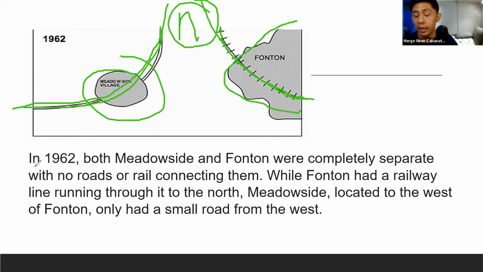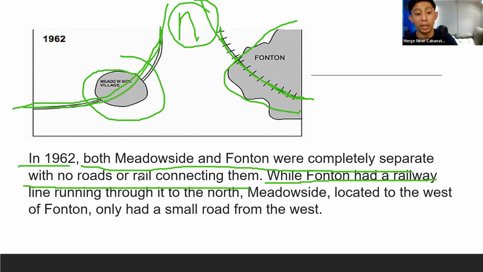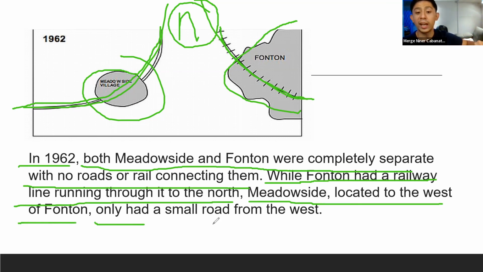So take a look at my report here. Take a look at the specific details. In 1962, both Meadowside and Fontan were completely separate with no roads or rail connecting them. That is very obvious here. There's no connection. While Fontan had a railway line running through it to the north, Meadowside, located to the west of Fontan, only had a small road.